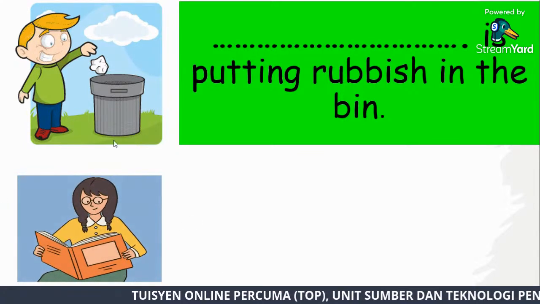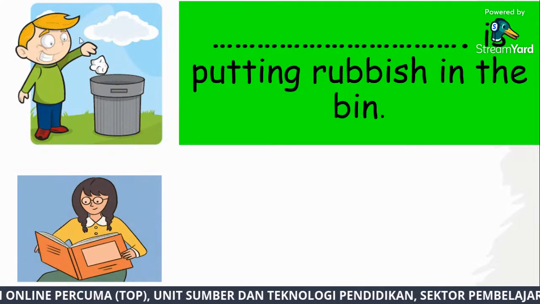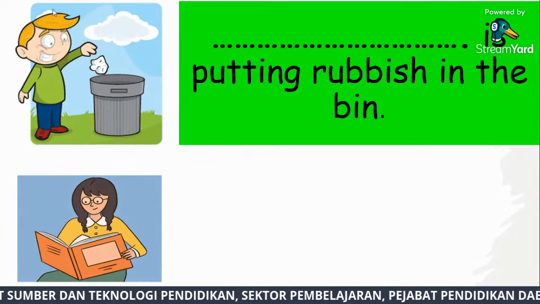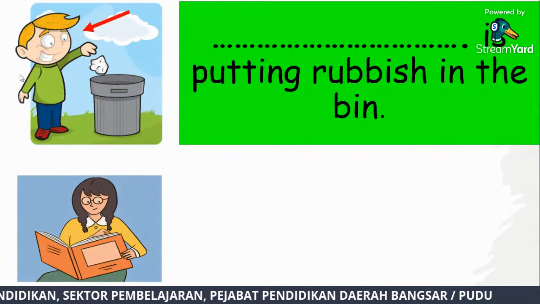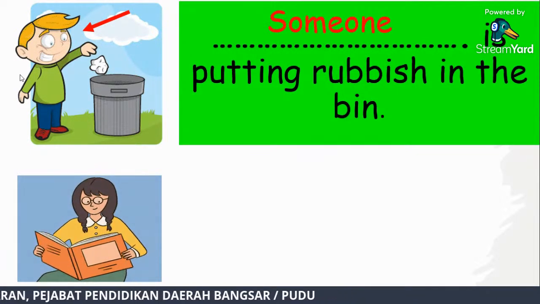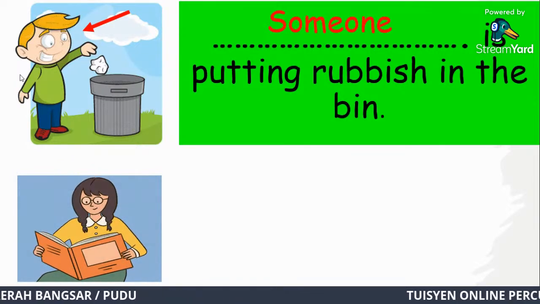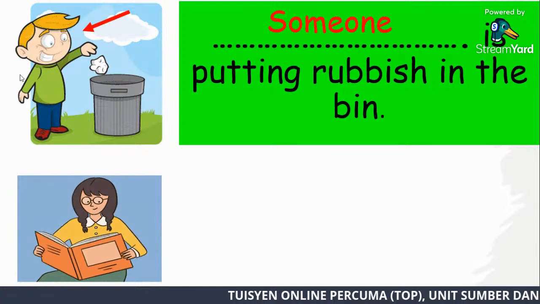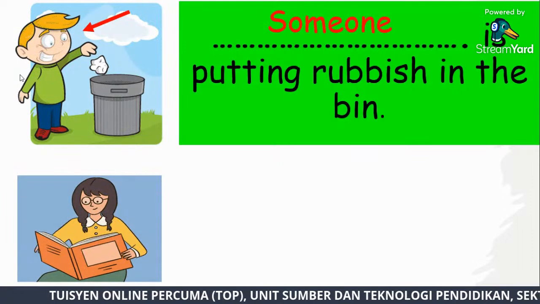So you know that there is a person, a boy, who is putting rubbish in the bin. So it is referring to people, right? So someone is putting rubbish in the bin. We never know who that boy is, so we can also say him as someone.